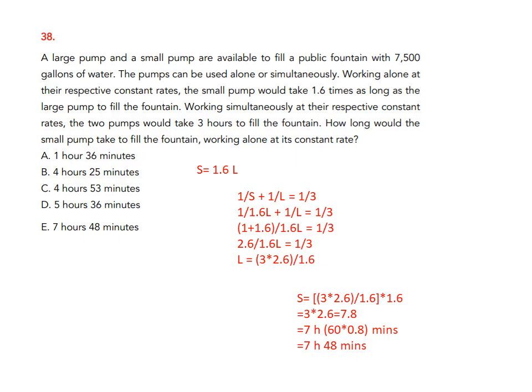Why have we multiplied it by 1.6? Because S equals 1.6 L. So we have put down the value of L and then multiplied it by 1.6. So we get 7.8. In terms of hours, we get 7 hours 48 minutes. The answer is option E.